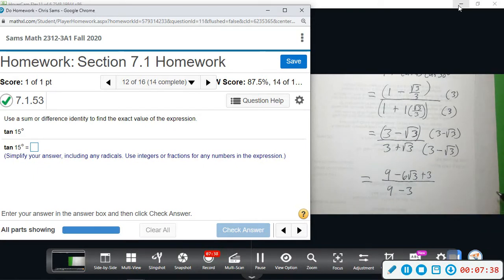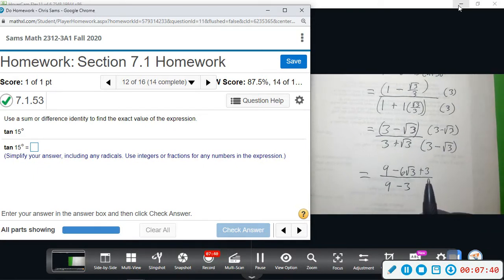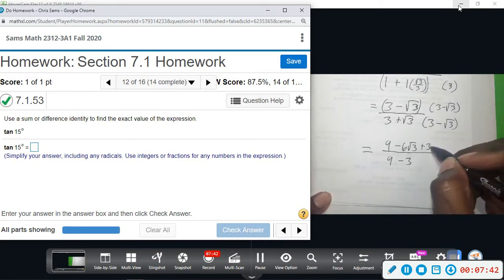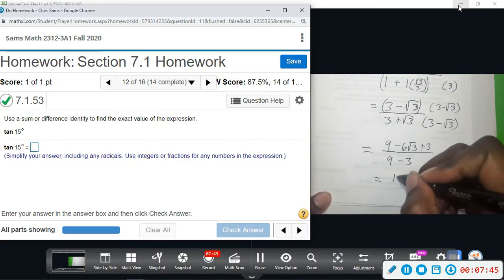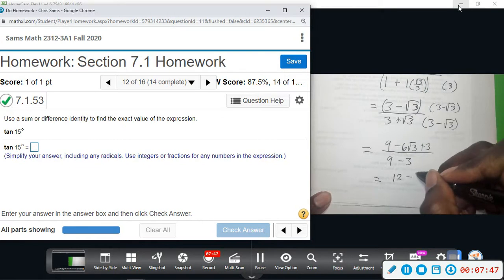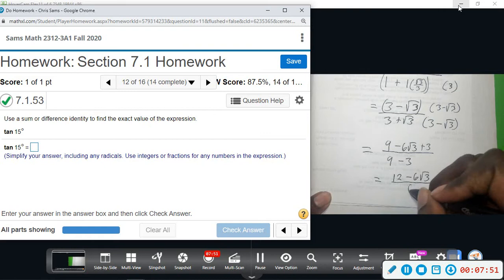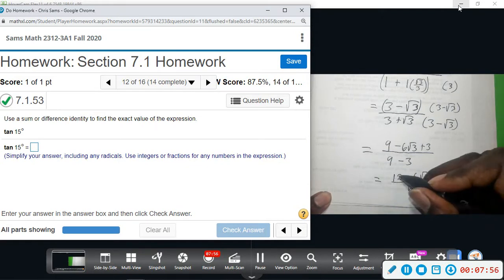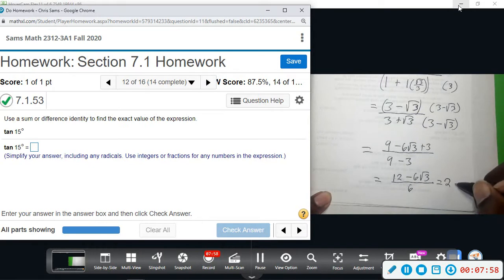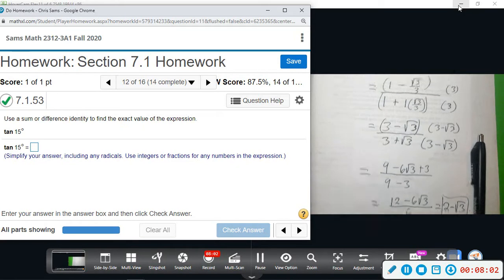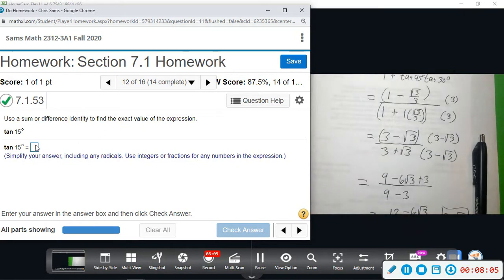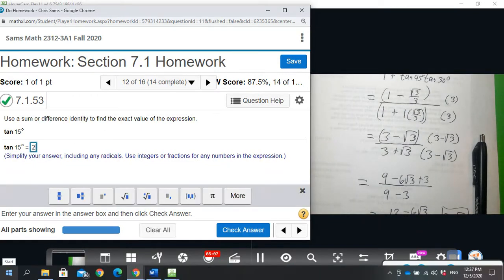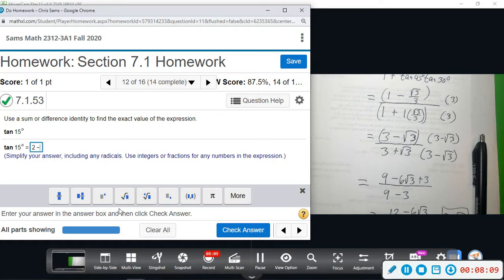And then we just simplify this expression. 9 and 3 give us 12 minus 6 square roots of 3 over 6. All three of these are divisible by 6, so that will give us 2 minus the square root of 3. So the answer is 2 minus square root of 3.